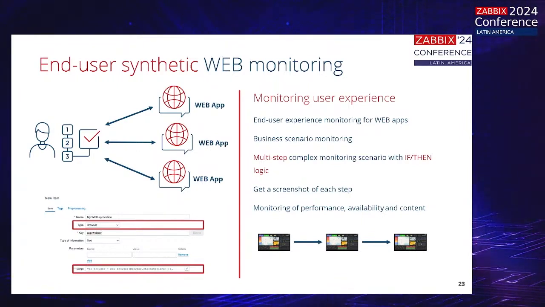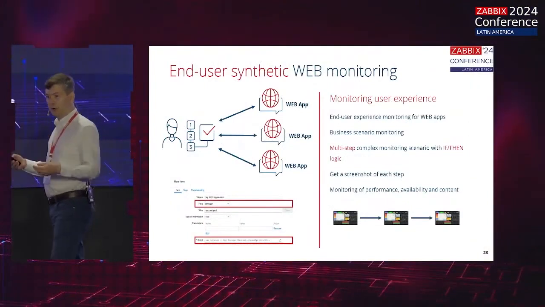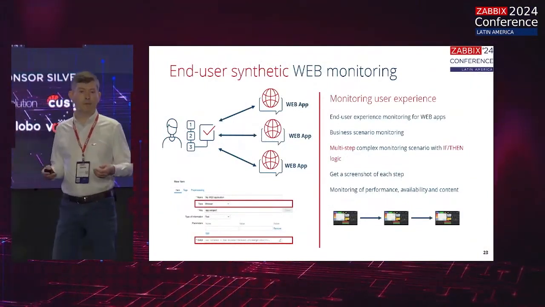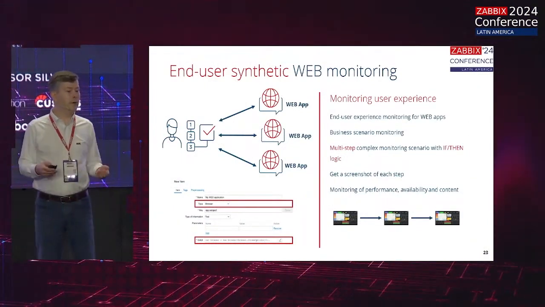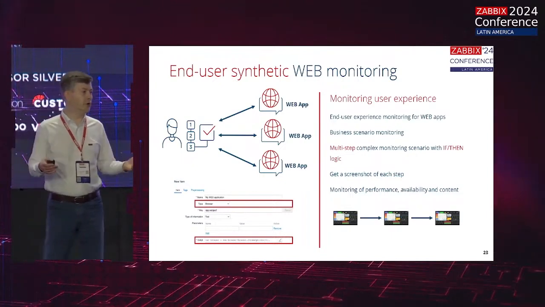But of course, we may create multi-step checks when we log in, when we create some transaction, we do something else, log out, and for all of these steps, we verify that everything is working fine. And if something is not working properly, for example, we have the ability to capture a screenshot.